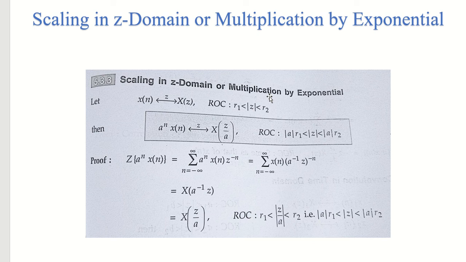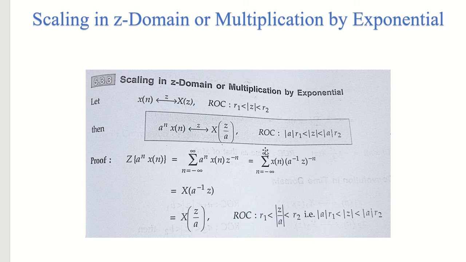Now let's see the proof of it. I'm taking the Z transform of my signal a raised to n x of n, and I simply write the formula of it. Now if I take this a raised to n with my z raised to minus n, can't I write a raised to minus 1, or a inverse, into minus n, right? The thing is still the same, minus minus will become plus here. So I can write it this way as well. When I write it this way, see what it became?